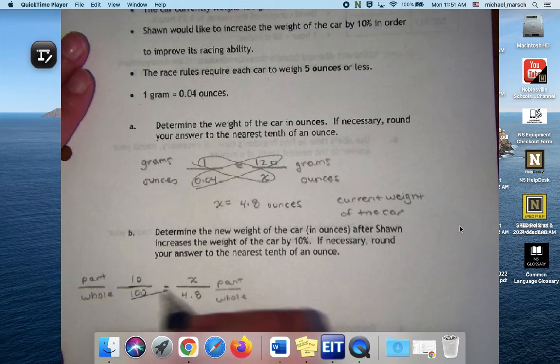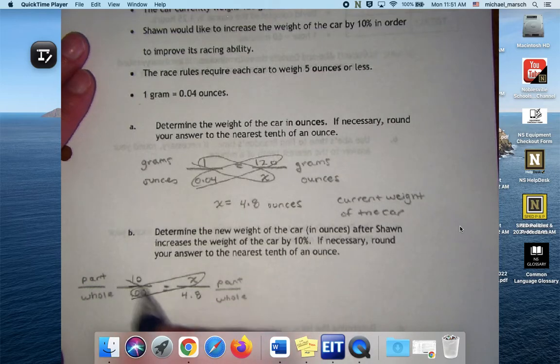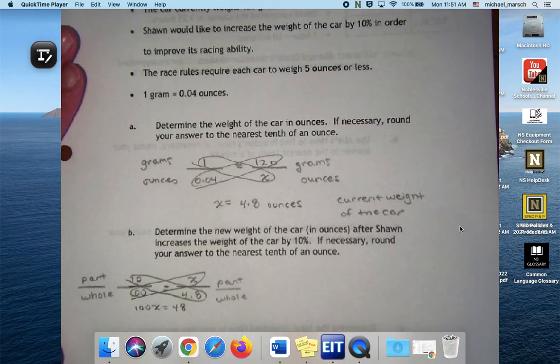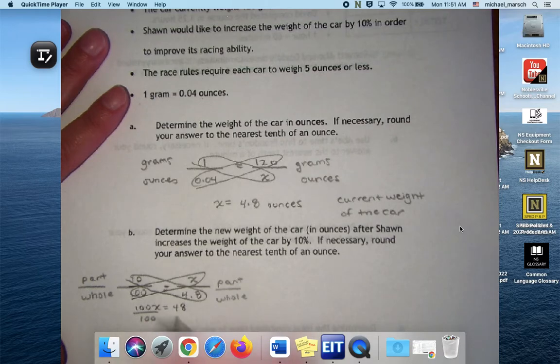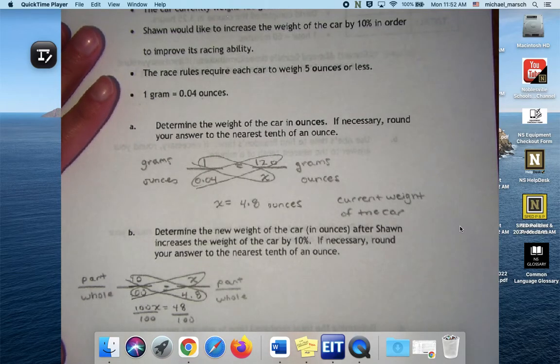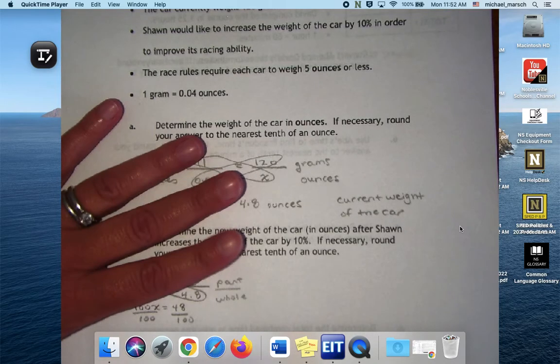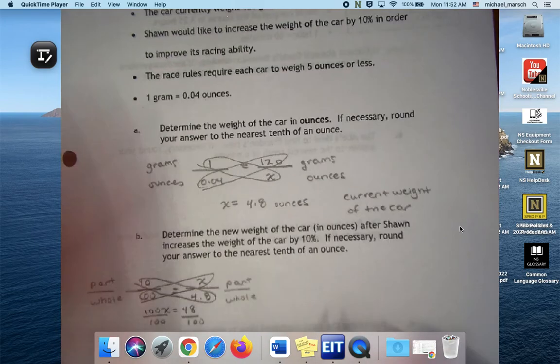So we're going to do our cross loop-de-loops. We're going to get 100x equals 48. Divide by 100 here. X equals 4.8. Sorry, 0.48. What am I doing? 0.48.